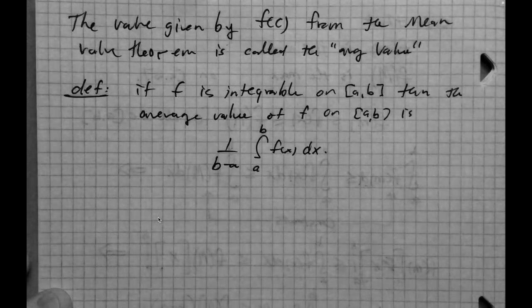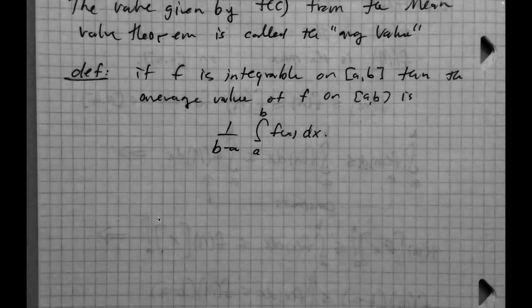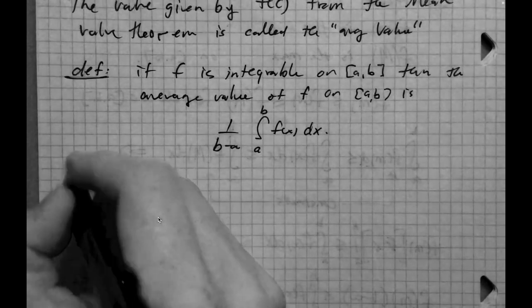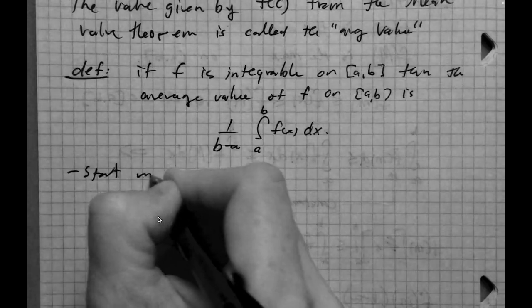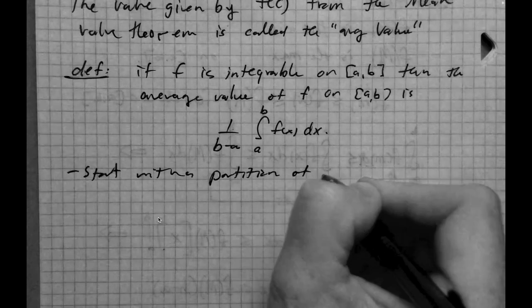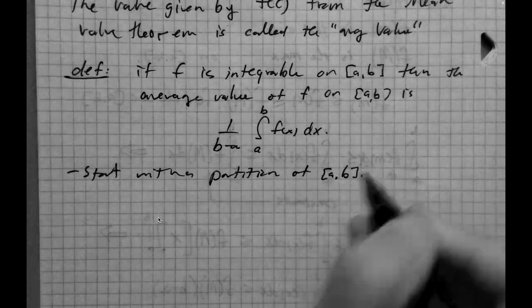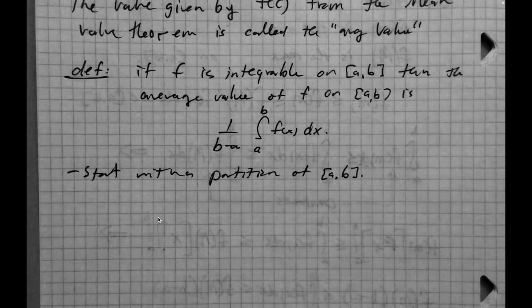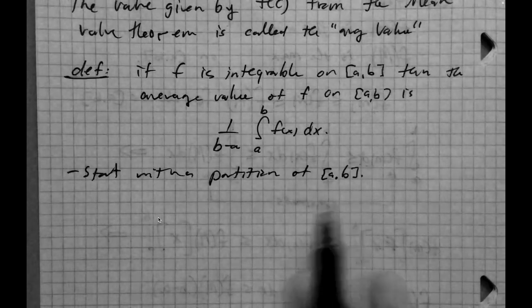As we so often do, let's start with a partition of [a, b]. We'll partition it into n subintervals.